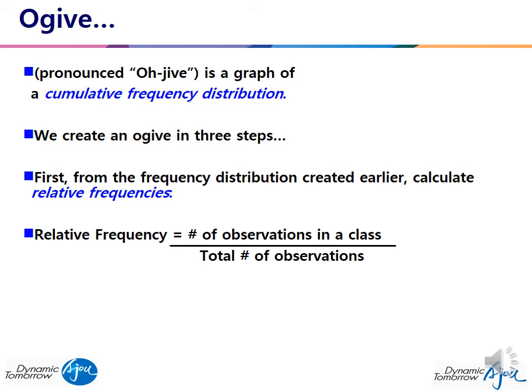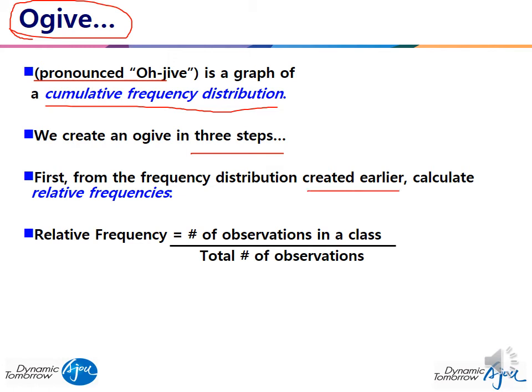Now, let's talk about the ogive, pronounced 'ojive'. An ogive is a graph of a cumulative frequency distribution. And we create an ogive in 3 steps.